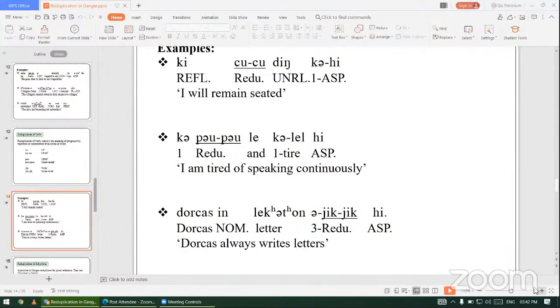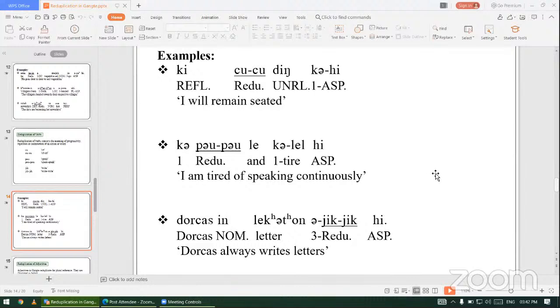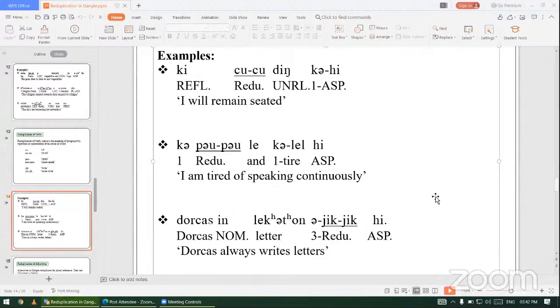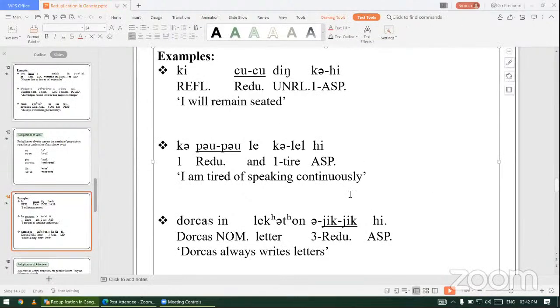Can I comment on this? Yes, sir, please. There are certain verbs in the Kukichin languages, in some languages, like Mar, for example. The verb to sit is always in chu. Okay, so here what is the verb? To remain seated, chu. So it could belong to one of those categories. Some adjectives also take the verbal reflexive ki, in Mar.